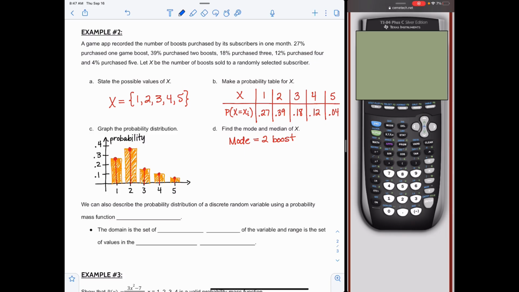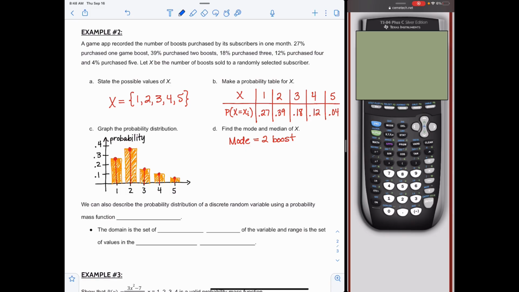Okay, so my number of boosts are already in order. So technically my probabilities correspond to those. The order that they are currently in is fine. When we normally find the median, we line up the numbers from least to greatest and then find the number in the middle. But we are talking about probabilities. So we're taking the probability of the first possible value, then adding it to the probability of the second possible value, and so on until we get to 0.5.